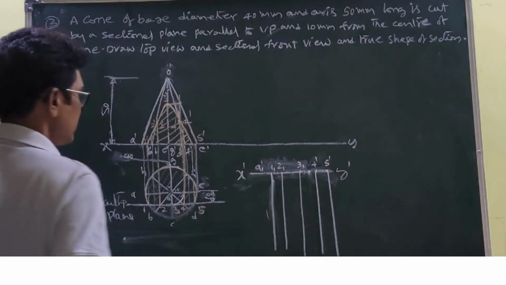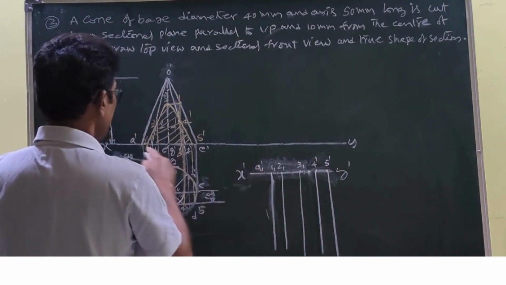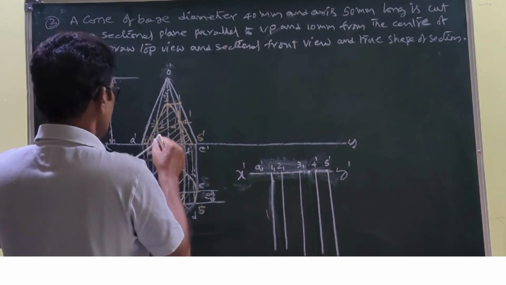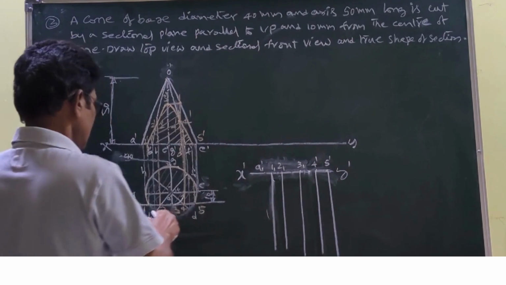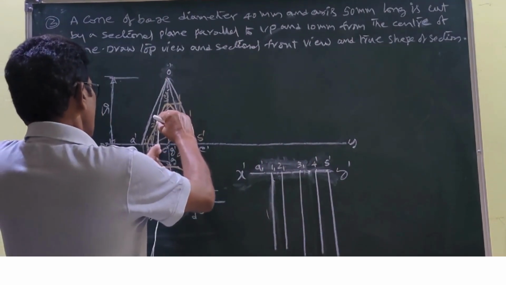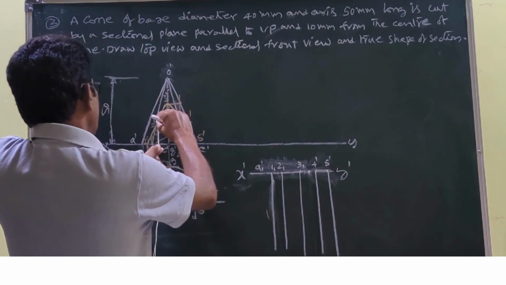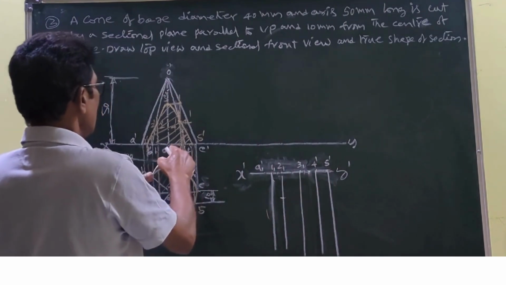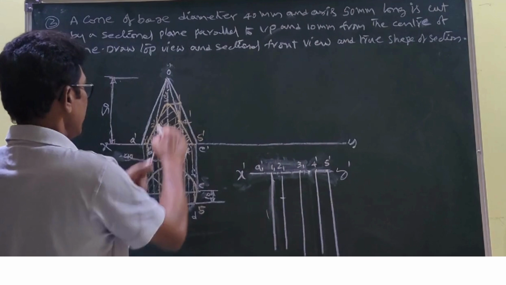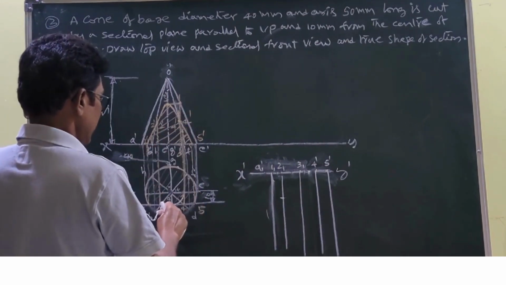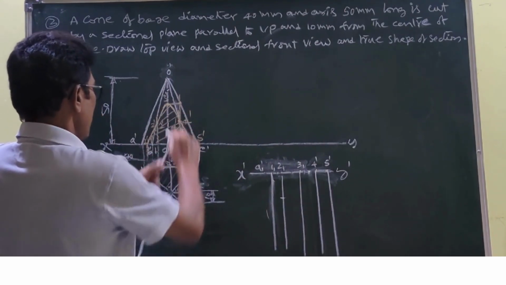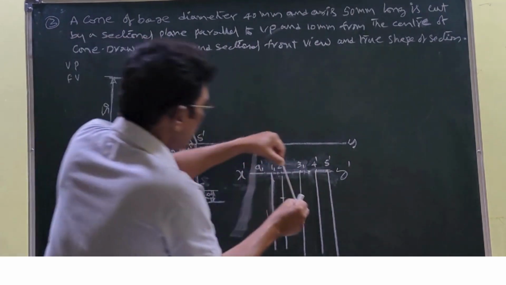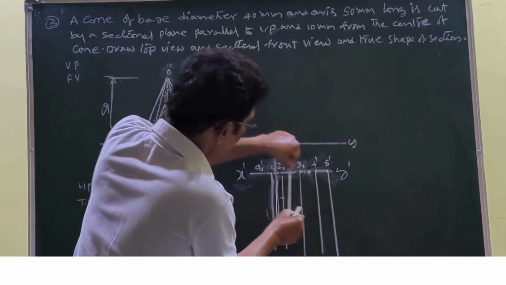Once you look at these points, 1 is on the xy line, it doesn't matter. So next, this is the 2 generator: from xy to 2 dash, from here to here you cut it. Next, 3 generator or the projector passing through 3: you take this as a radius, 3 1 as a center, you cut it.